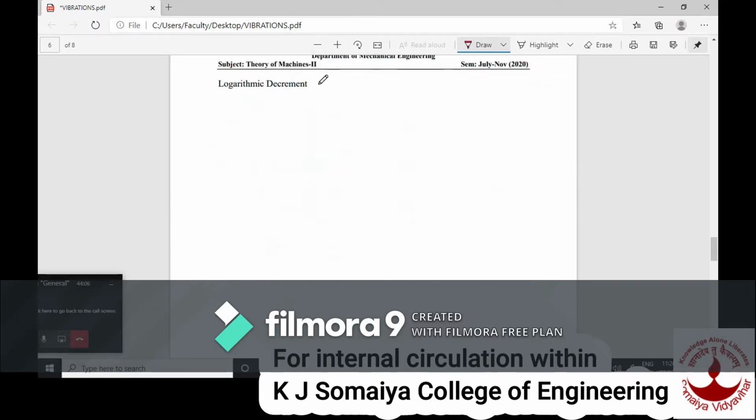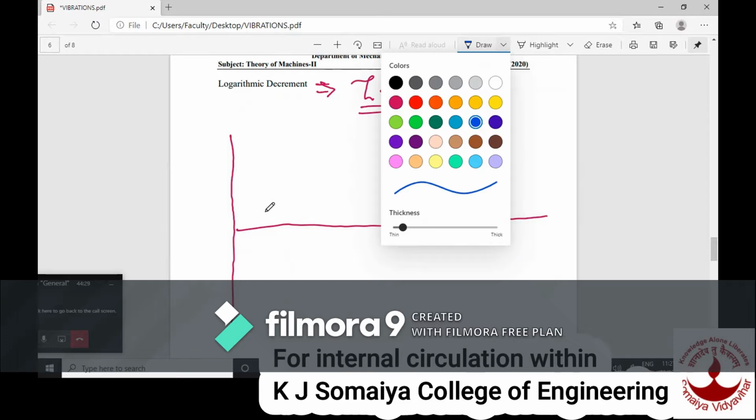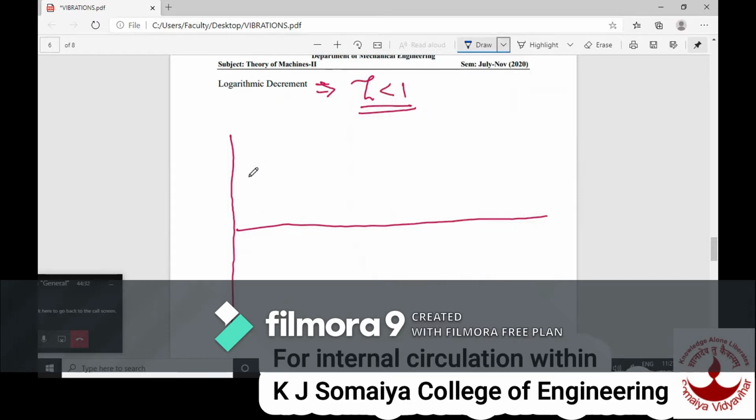Now in case of an underdamped system, when zeta is less than 1, a continuous decay in the displacement is observed. And if I represent that continuous decay like this, the system vibrates something like this.